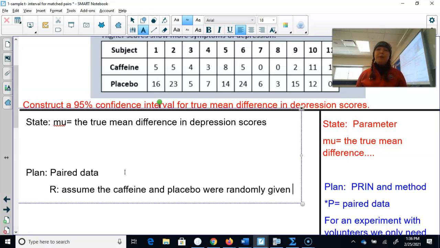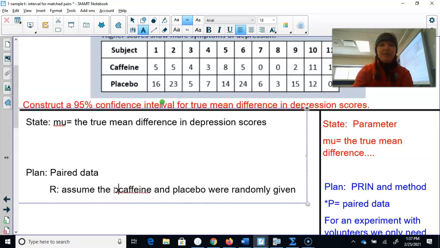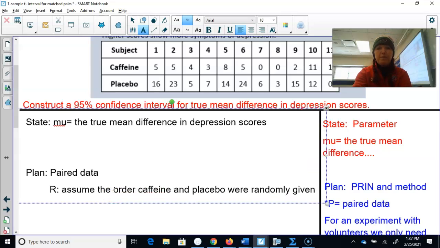I'm guessing it was probably a double-blind experiment where the subject didn't know, and the statistician or the person running the experiment from above, that person knows who gets what. So we're going to assume that the order in which you got caffeine versus placebo was randomly given.